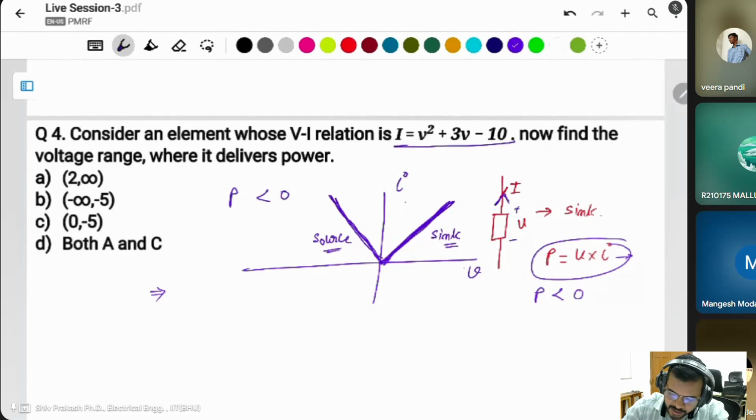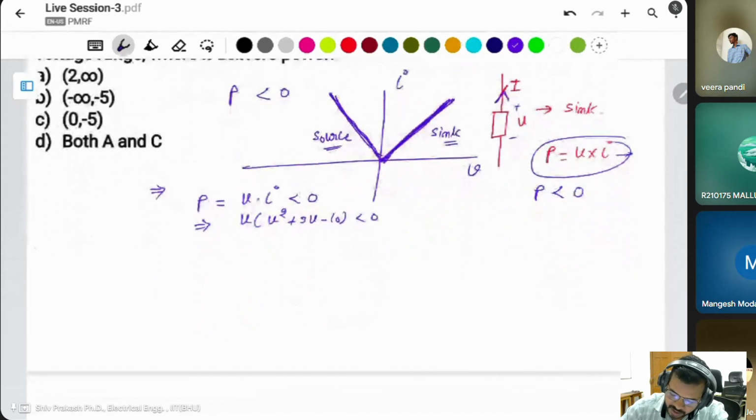Then the current is given, and what is the power? Power is equal to V into I. Voltage is V, I is given, and this will be less than 0 for delivering power. So V square plus 3V minus 10 should be less than 0.